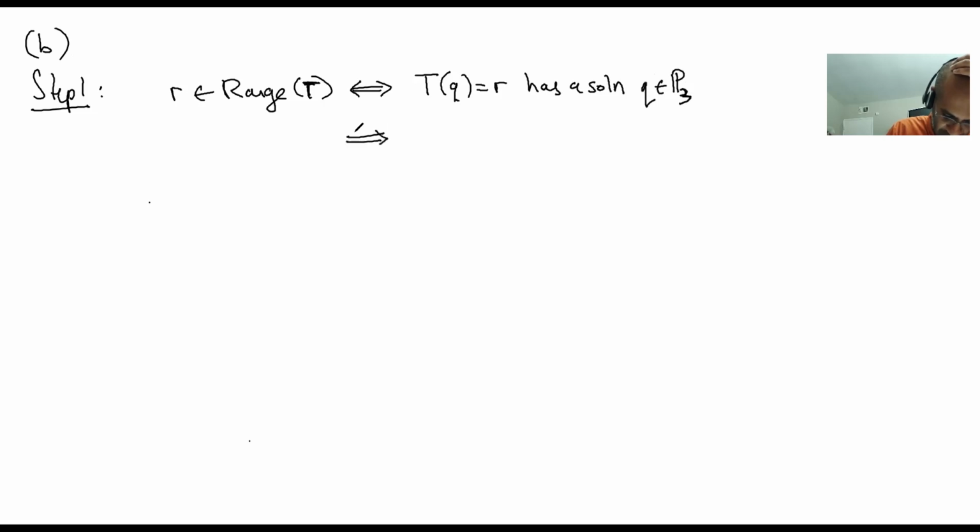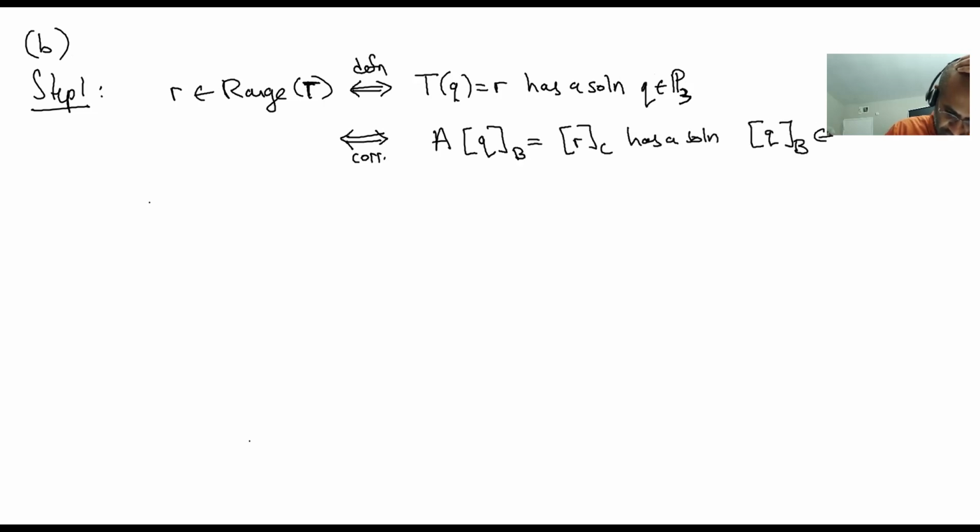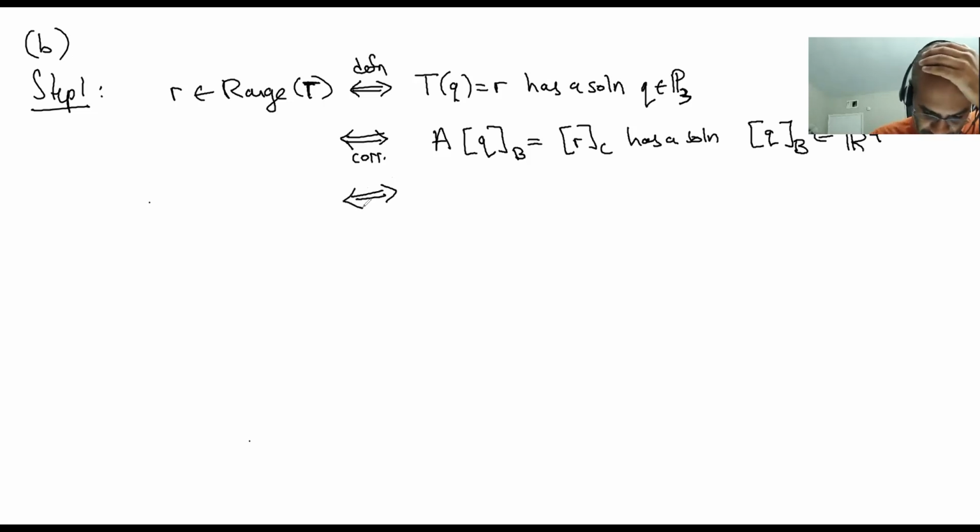But now by the correspondence principle, this is true if and only if A times the B coordinate vector of Q equals the C coordinate vector of R has a solution. But now the solution is a coordinate vector living in R4. And do you know how to write that in terms of a certain subspace associated with the matrix A?